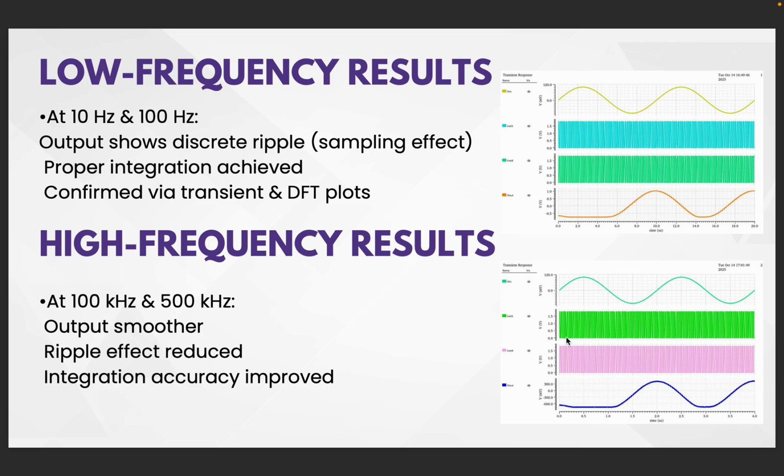Low and high frequency results and the THD versus frequency relationship. When analyzing the results, we observe that at low frequencies such as 10 Hz and 100 Hz, the output showed discrete ripples due to the sampling effect, but the integration was proper and accurate as confirmed by transient and DFT plots.